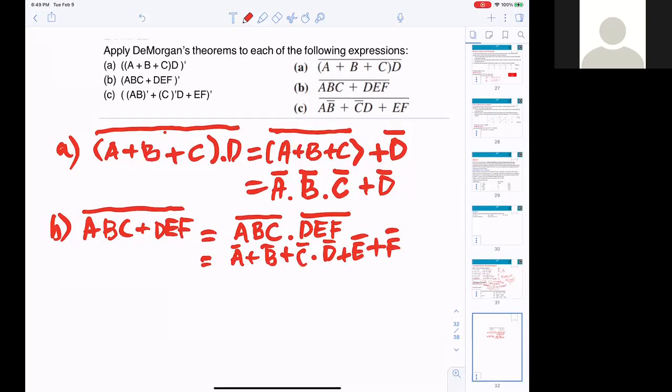So bracket A, B, C times bracket D, E, F.